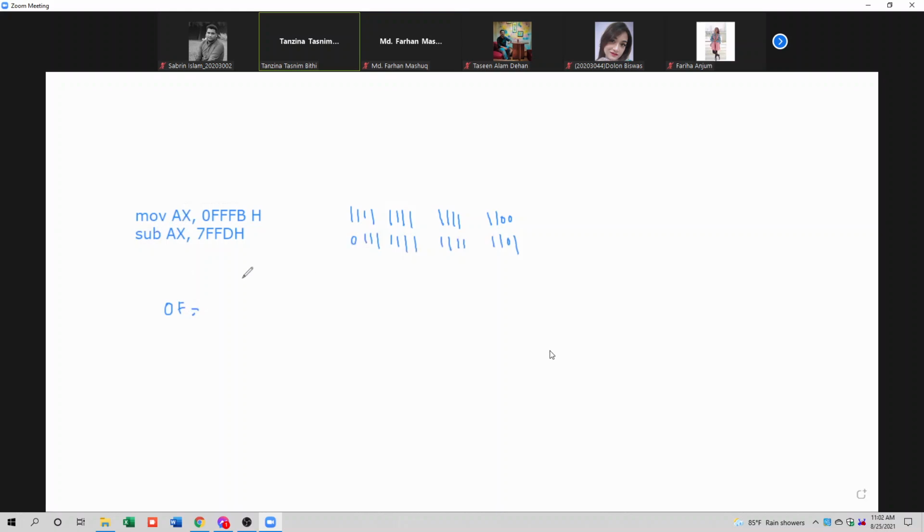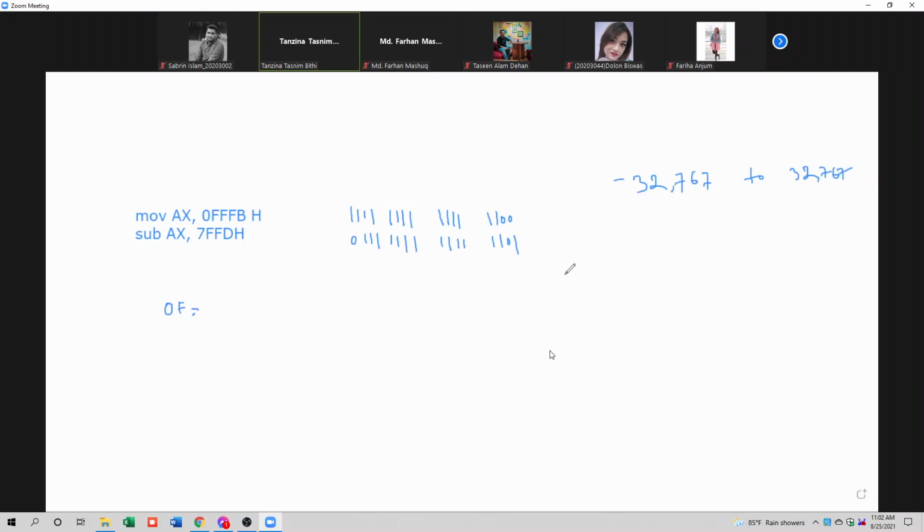So after this subtraction, at first you can convert the result into decimal, right? For this 16-bit register, what will be the range of numbers? Minus 32,768 to minus 1, then 0 to 32,767.